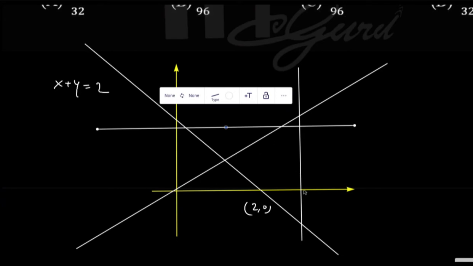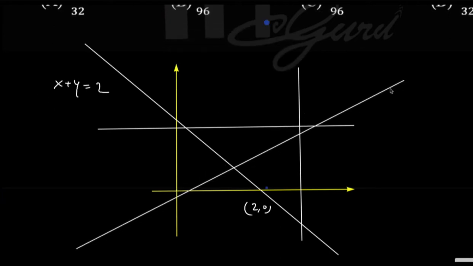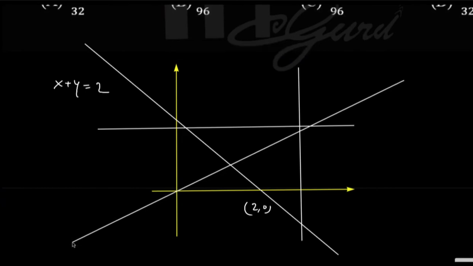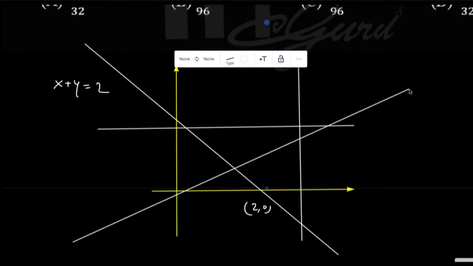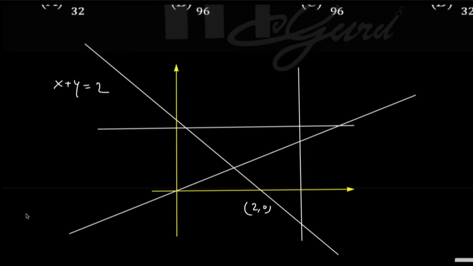It intersects at (3, 1), like this. So better we just draw x equal to 3y. Okay, fine, so now the picture is somehow clear.